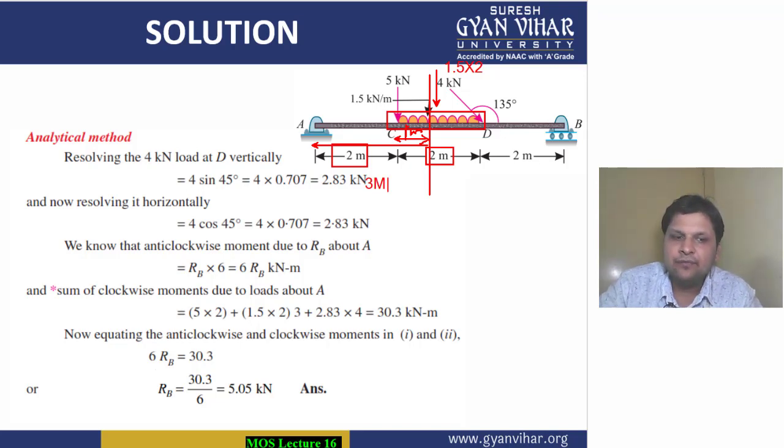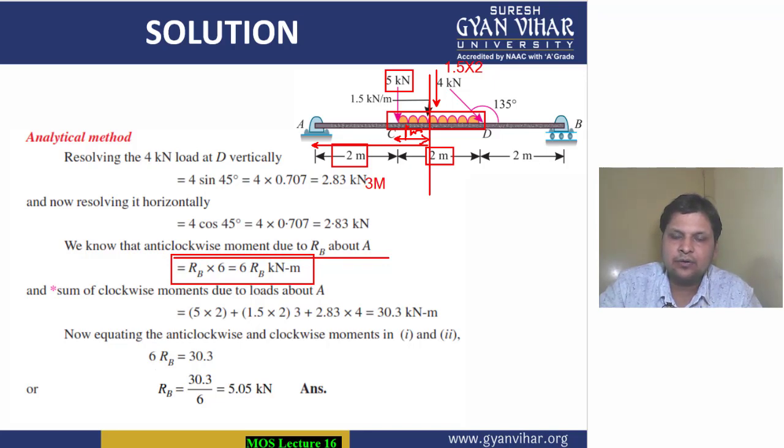Alright, so 1.5 into 2 means 3, into 3 will be the moment due to this UDL. And due to this 5 kilonewton force, since it is at a distance of 2, therefore 5 into 2 will be the moment about A due to the force 5. You can see here, students, first of all anti-clockwise moment RB into 6, only one force was there, that is the reaction at B, which was giving us the anti-clockwise moment.